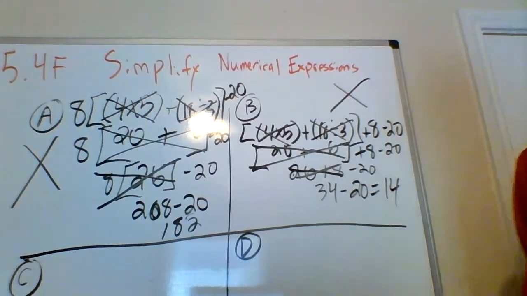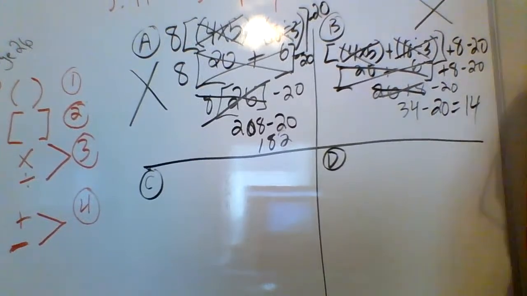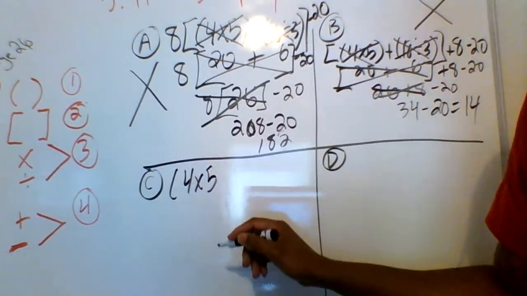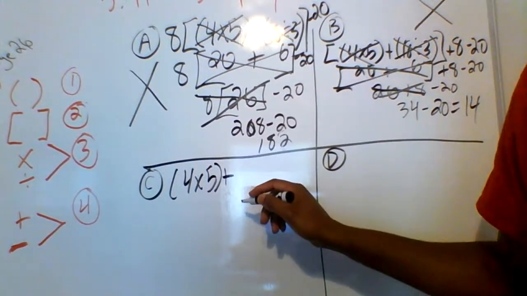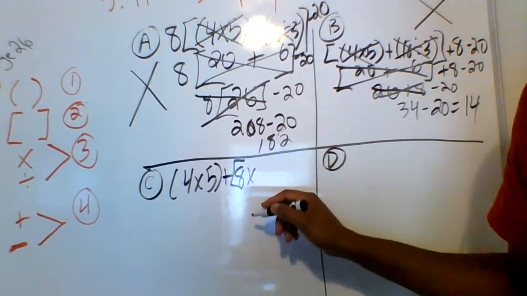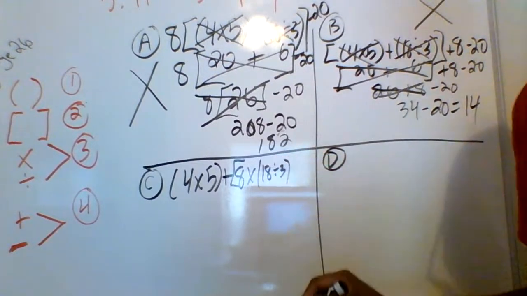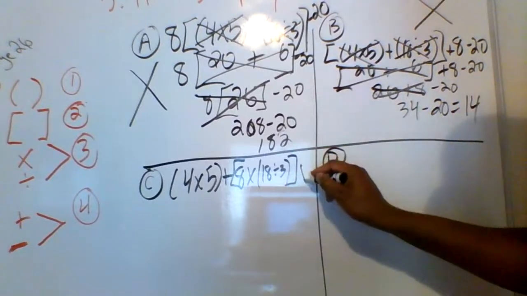All right? So let's look at C and D. C says parentheses 4 times 5, parentheses plus brackets 8 times parentheses 18 divided by 3, parentheses, brackets, plus 50.